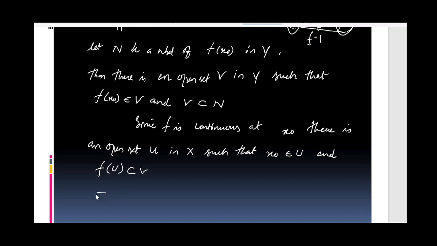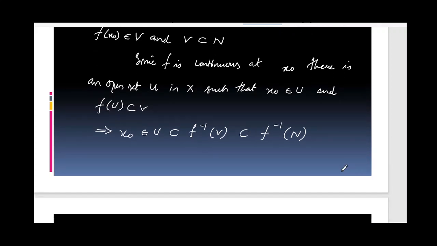So this implies my x naught belongs to U, which is contained in f inverse of V, and which is contained in f inverse of N because V is contained in N. Thus f inverse of N contains an open set U containing x naught, so f inverse of N is a neighborhood of x naught.